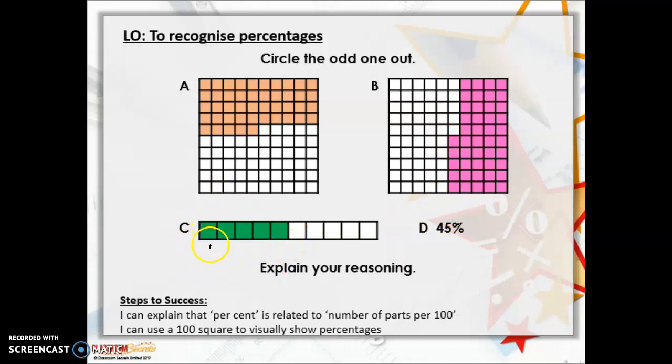Each of these are worth 10. We've got 10, 20, 30, 40, 50%. So straight away we can see that C is the odd one out. A, B and D all represent 45%. C represents 50%. And that is a perfectly reasonable explanation in your work.